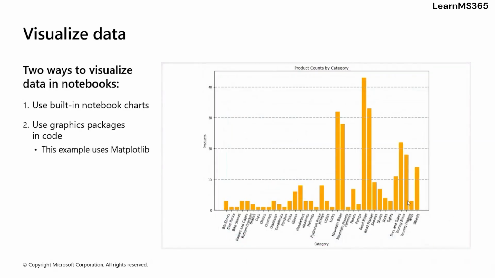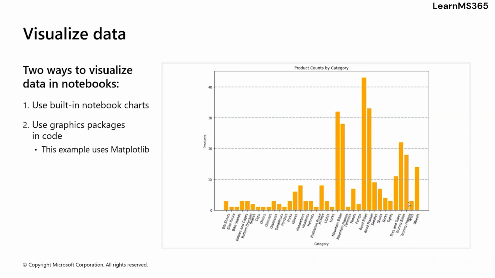Or you can also use a graphic package in the code. There are many graphics packages that you can use to create data visualization in code. In particular, Python supports a large selection of packages, and most of them are built on the base Matplotlib library.